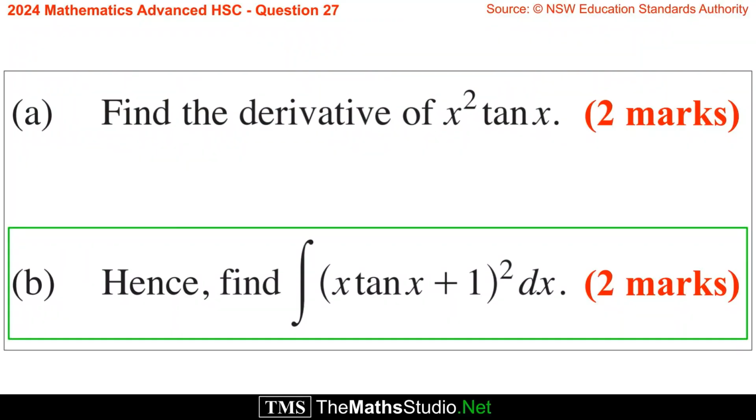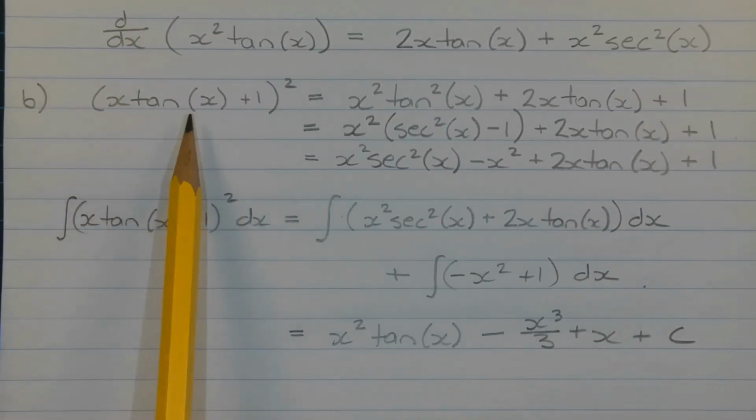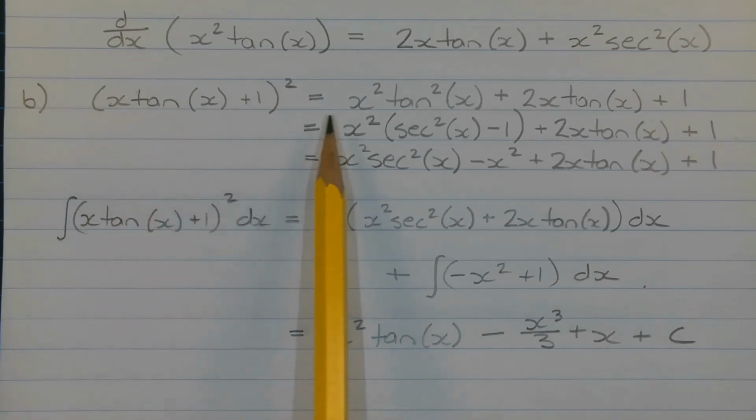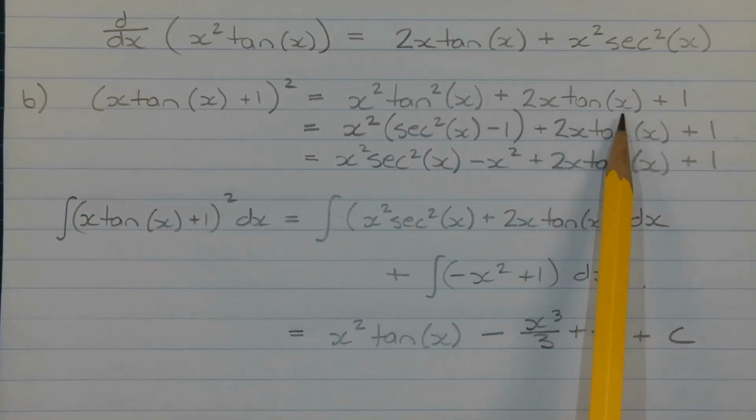Part B. Hence, find the integral of (x tan x plus 1) squared dx. Start by expanding the integrand using perfect square expansion. So (x tan x plus 1) squared is equal to x squared tan squared x plus 2x tan x plus 1.